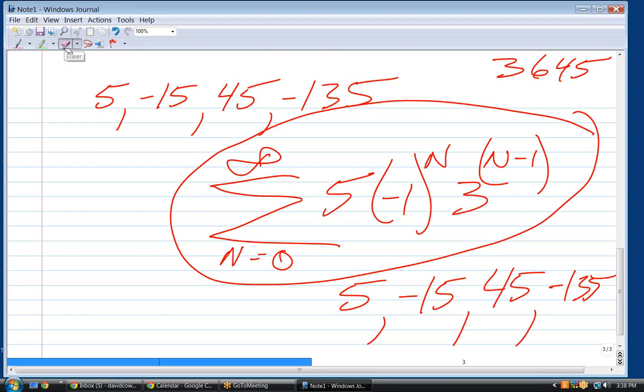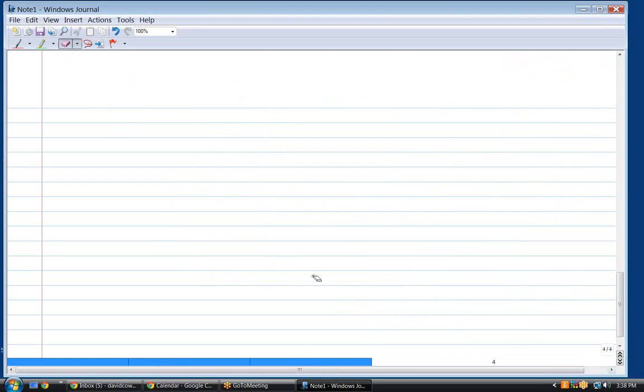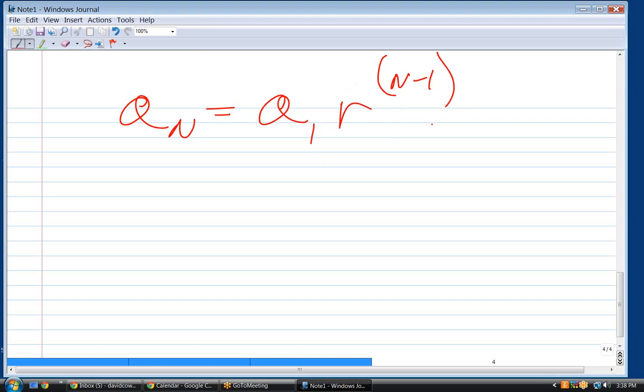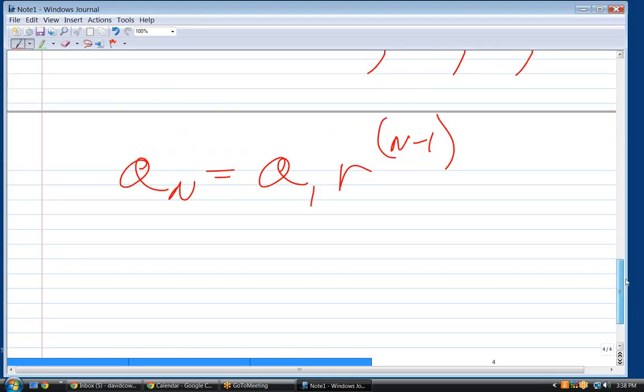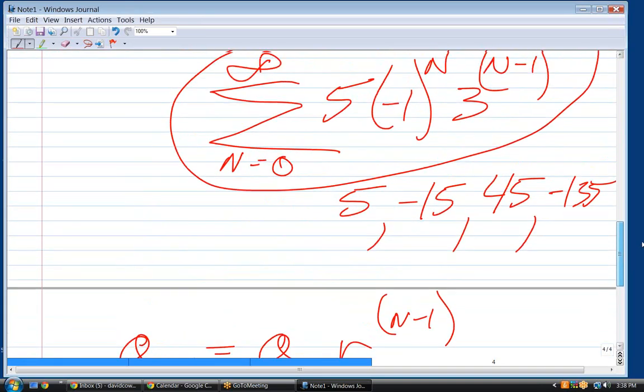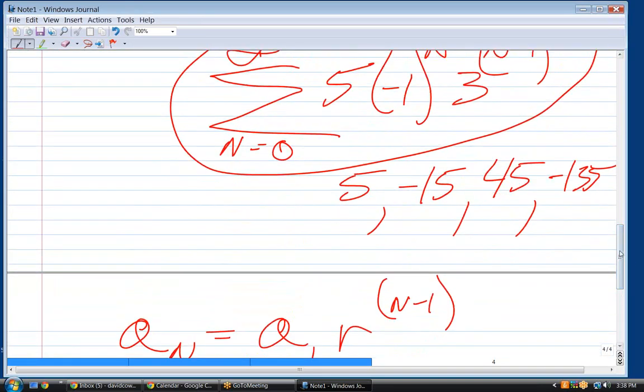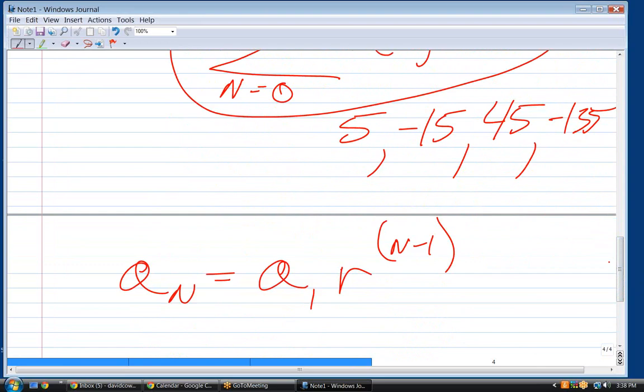Well, let's go back and talk about the nth term definition for a geometric series. The nth term definition is the first term times the common ratio to the n minus 1. That is the explicit formula for the nth term of a geometric series.